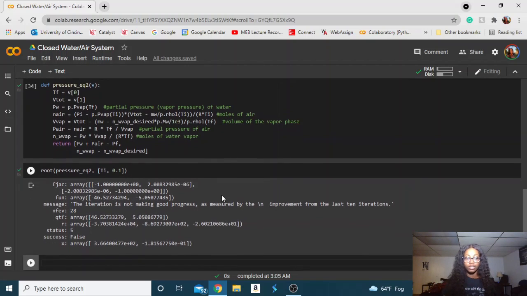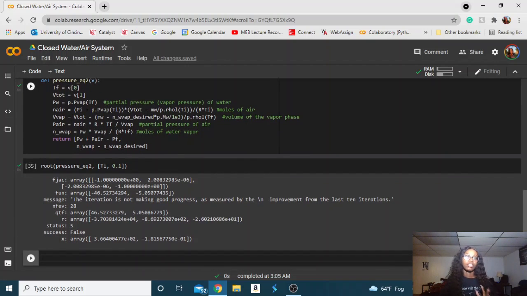And to do this, instead of using the initial temperature that we started with, I'm going to instead use the final temperature that we received in part A, which was 366 Kelvin. Now for the total volume of the container, we can actually calculate it using the equation for the moles of water vapor that we have up here.